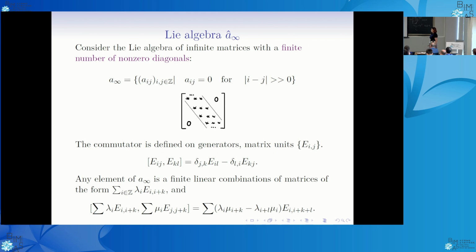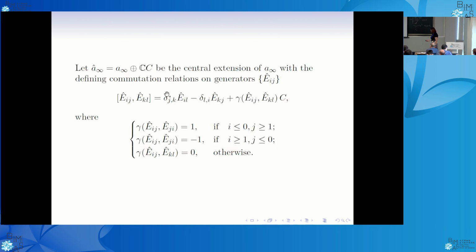And this is a Lie algebra, and the Lie algebra structure can be just inherited from the commutation relations of matrix units from GLN. So they generate this Lie algebra.